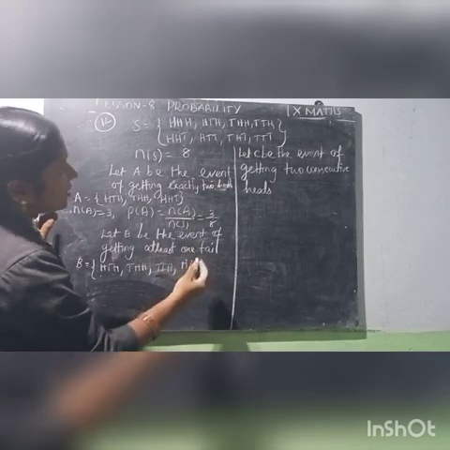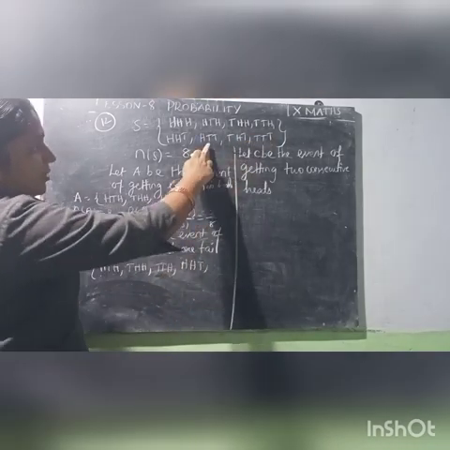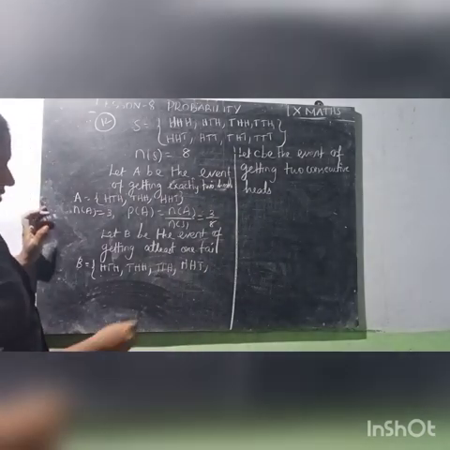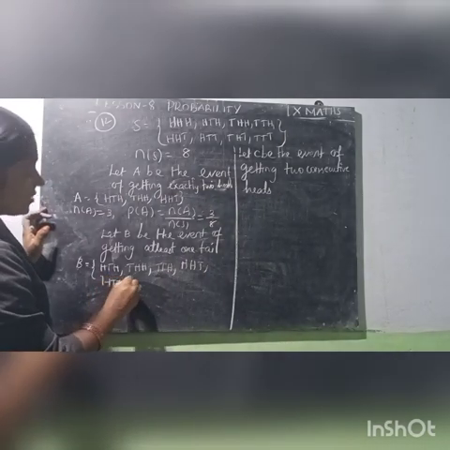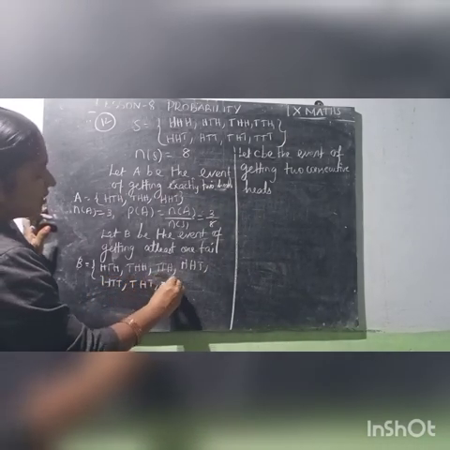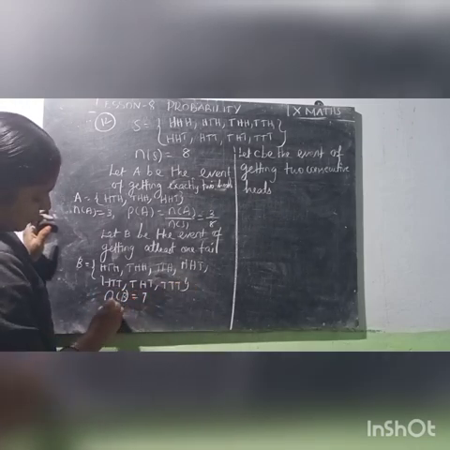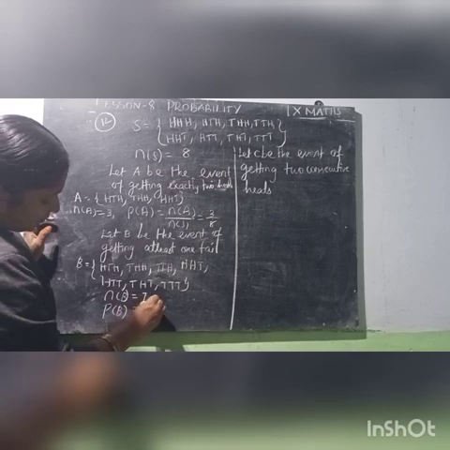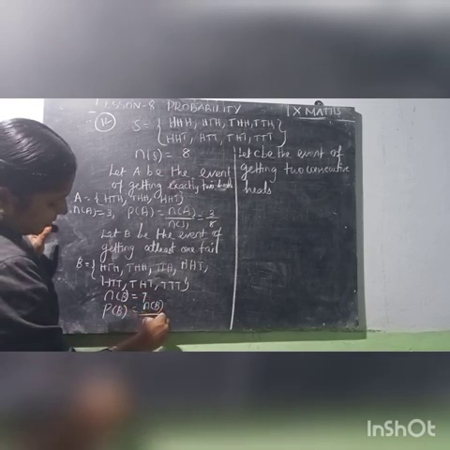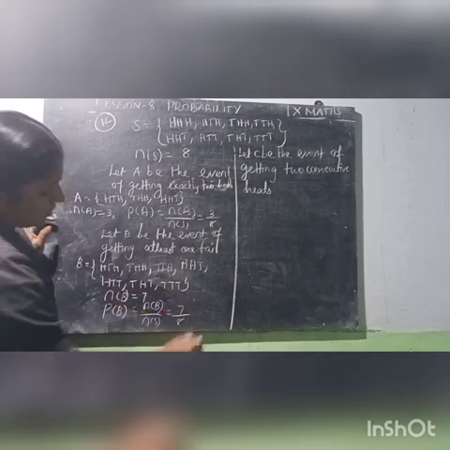Then HHT, and fully we can write, because all the events have tails: HTT, THT, TTT. So totally 7 events. N of B equals 7, so P of B equals N of B by N of S, 7 divided by 8.